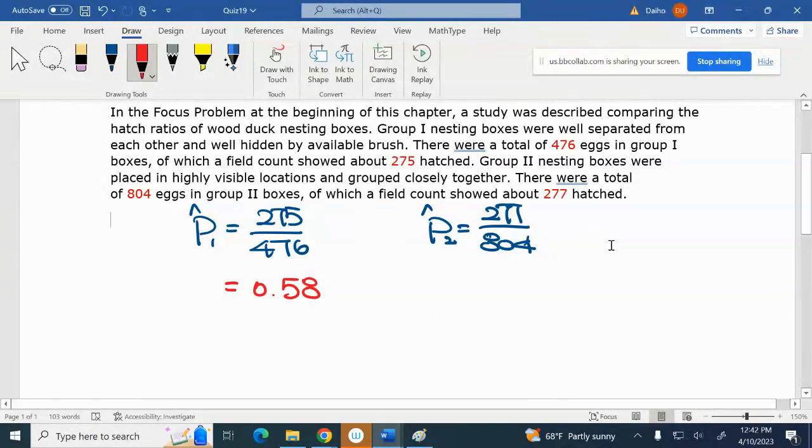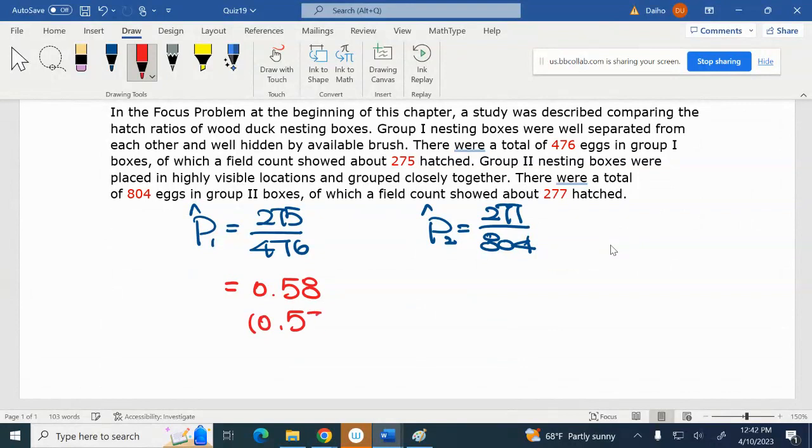If you got 3 decimal places, there is no problem. It must be 0.578, right? And the other one is 277 over 804, I have 0.34 or 0.345. Either one will be good.